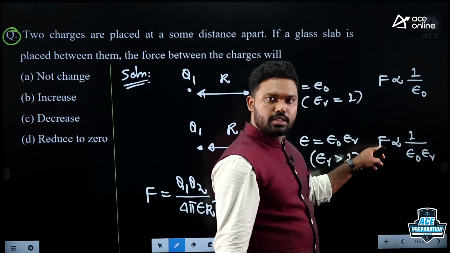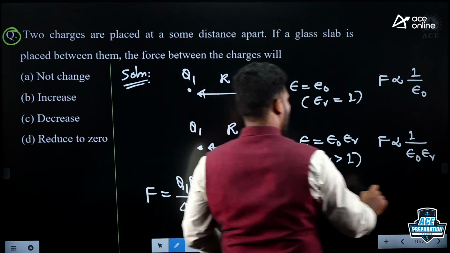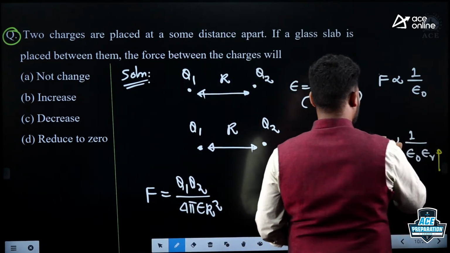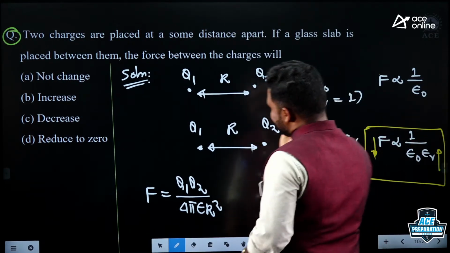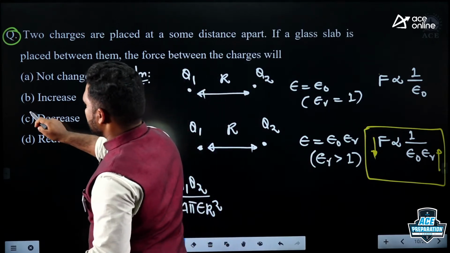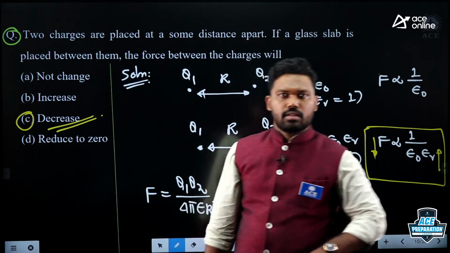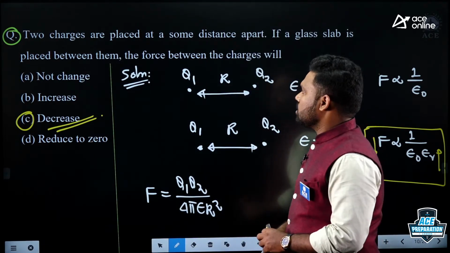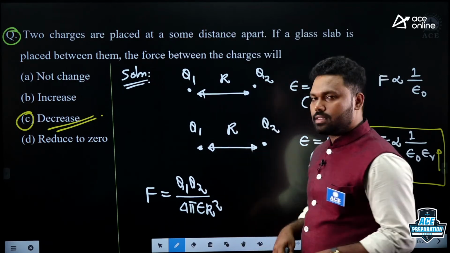So what happens to this force? This force is going to decrease. Epsilon r has increased, so this will reduce the value. So it decreases.